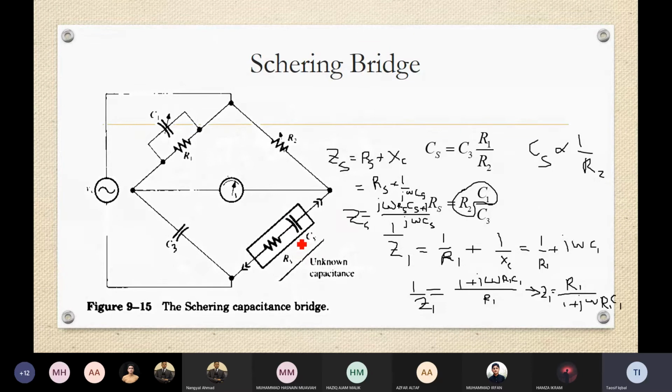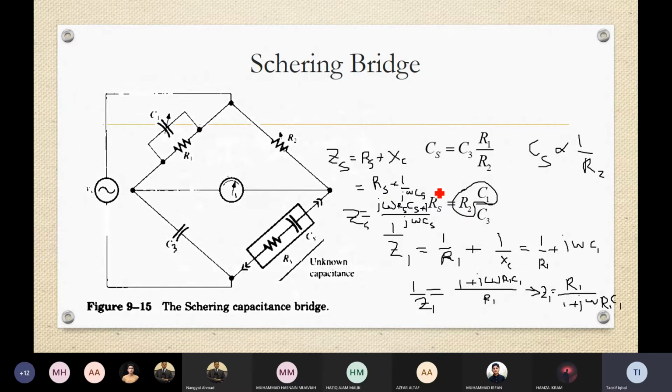So then we can find out the value of series resistance and capacitance. Now let's look at the series combination. That is RS plus XC, where XC is going to be 1 by j omega C, summed up with the RS.